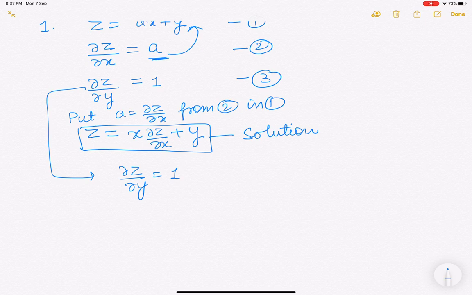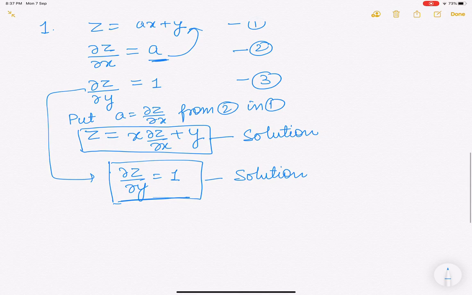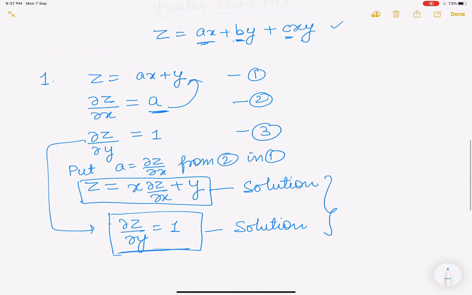That is, we may say that this may also be a solution. So in this way we have 2 solutions. Why may this also be a solution? This doesn't contain any of the constants and it is solved from 1. So we have 2 solutions for condition 1, where we had only 1 constant and 2 variables.